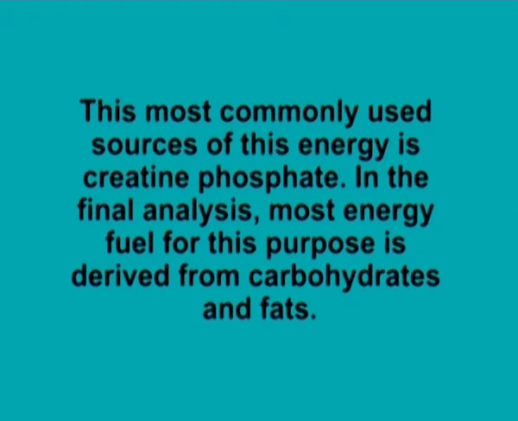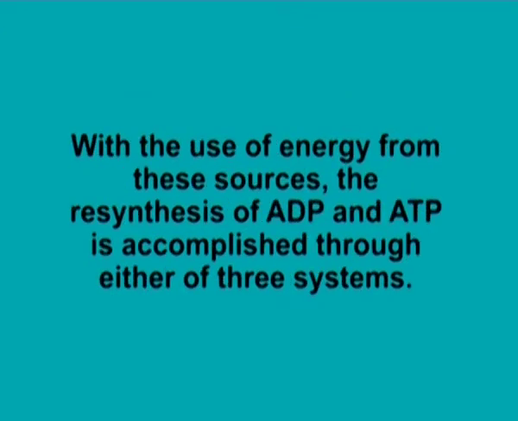The most commonly used source of this energy is creatine phosphate. In the final analysis, most energy fuel for this purpose is derived from carbohydrates and fats. With the use of energy from these sources, the resynthesis of ADP and ATP is accomplished through either of the three systems.